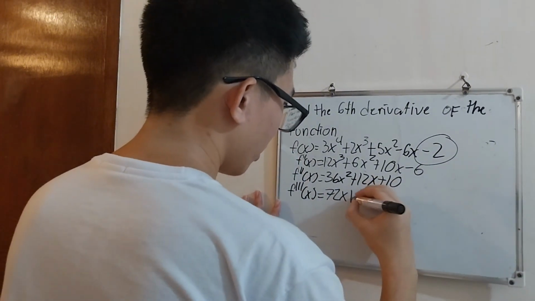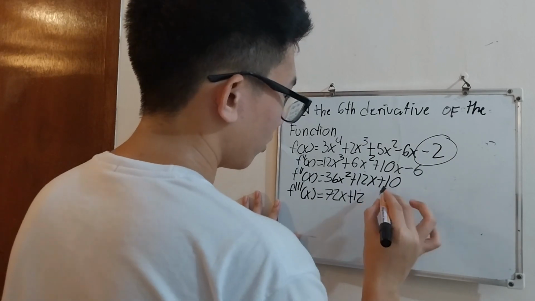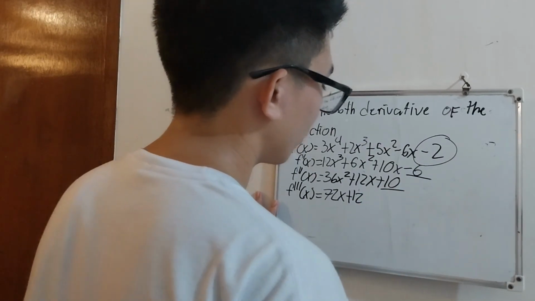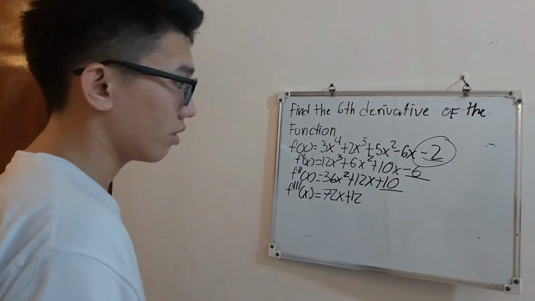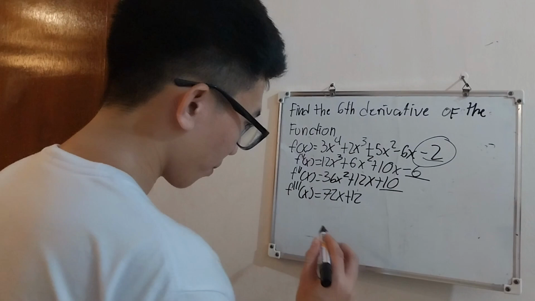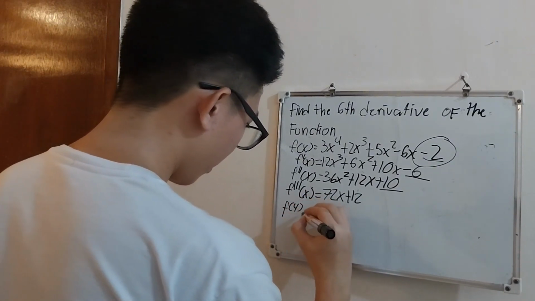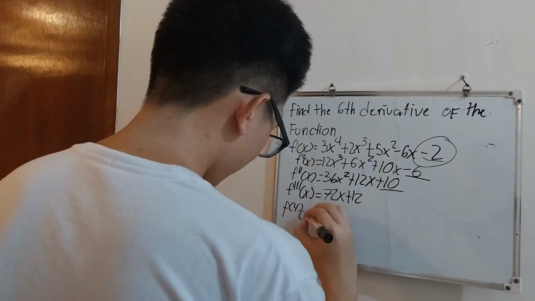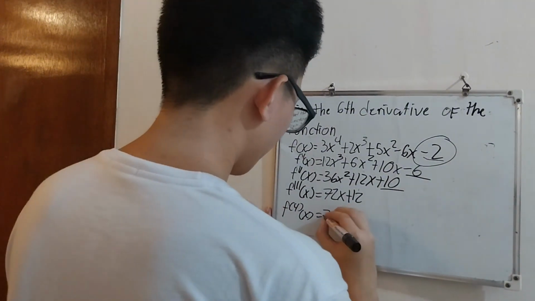Just put 12 here, and then you don't have to bring down this constant number since they all equate to 0. Now on to our fourth derivative, which is just 72.